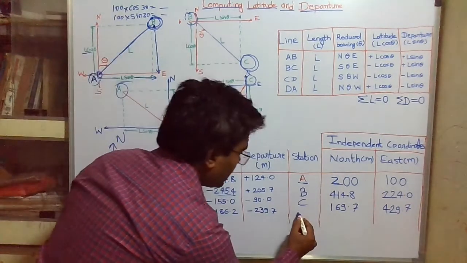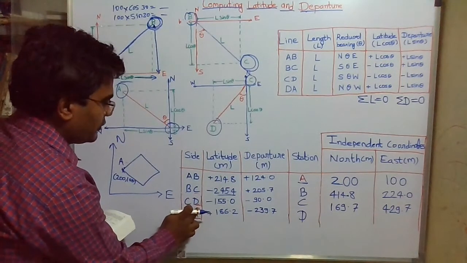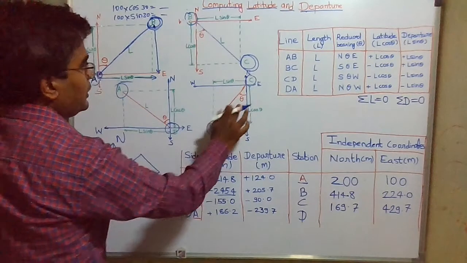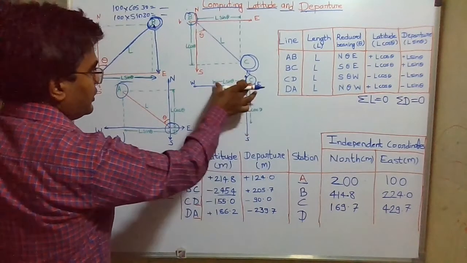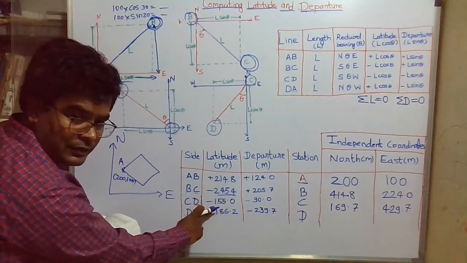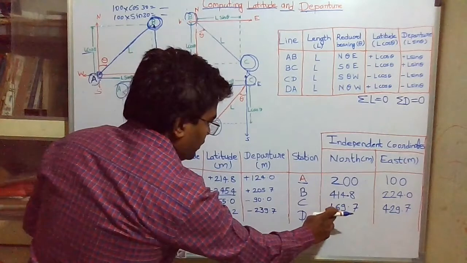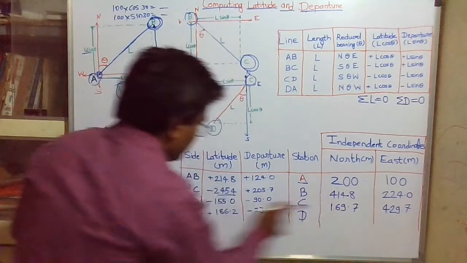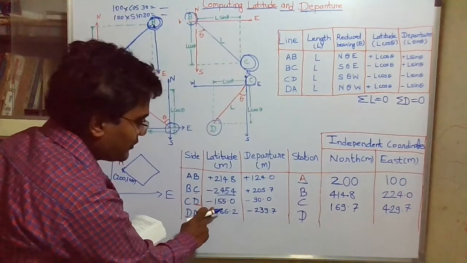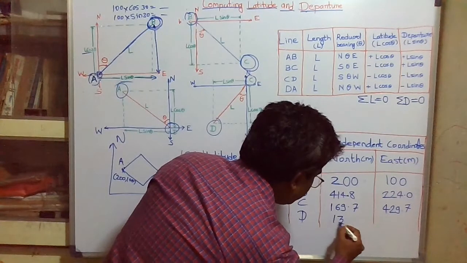Now we have to find the position of point D from C. From C to D, what are the latitude and departure? The latitude is minus 155, so we add this to 169.7 plus minus 155.0, and we get 13.8.